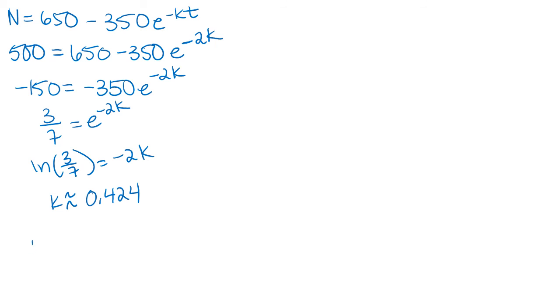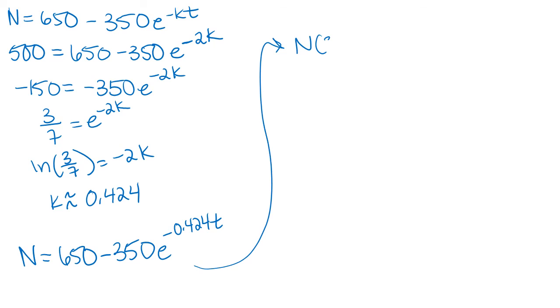So now I have our full number of coyotes function, and I can use that to figure out how many coyotes there are when t equals 3. So I just need to find n of 3. When I do that, I end up with 420.87, but we're talking about coyotes, so let's say we have 421 coyotes, because we do not have 0.87 coyotes, or at least I really hope not.